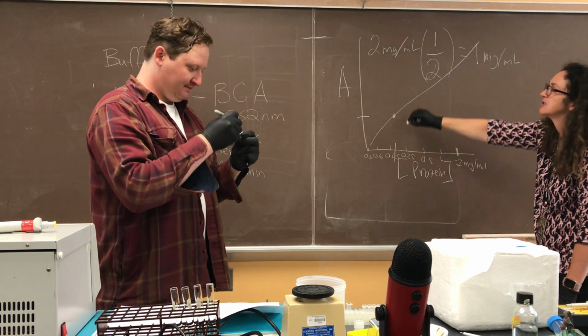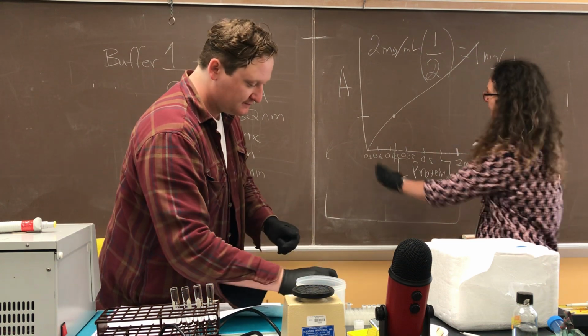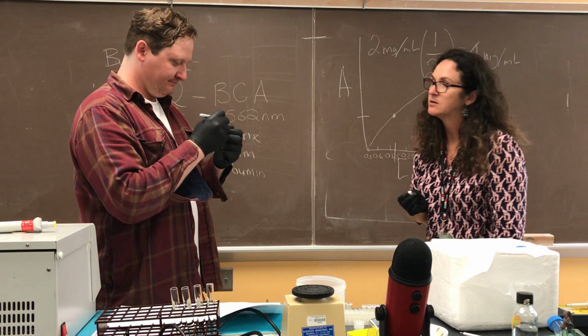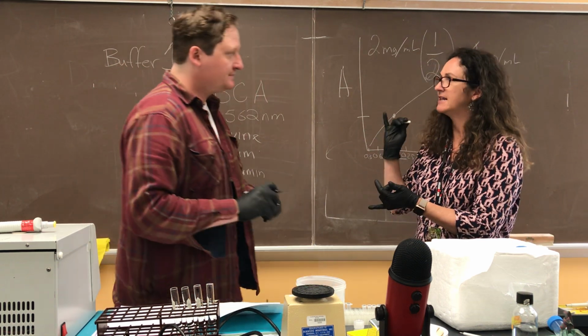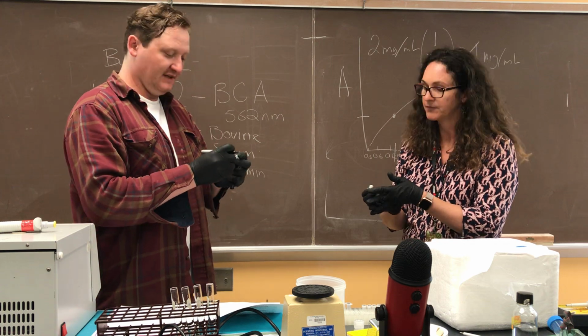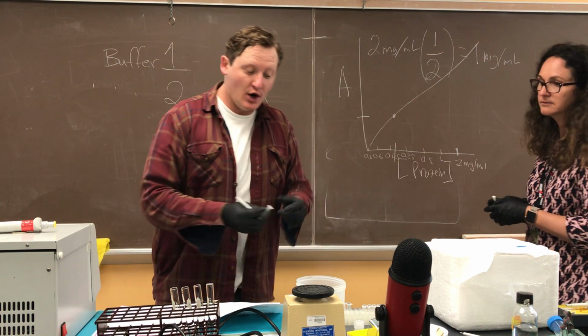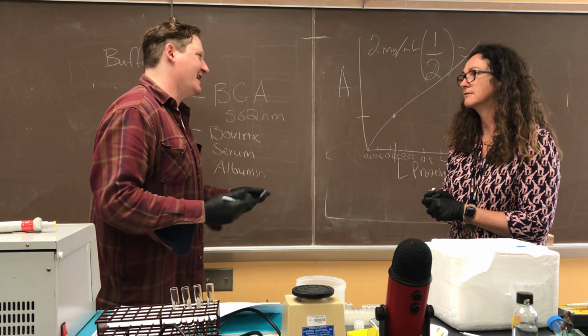And so we want to make sure that what we're measuring is within the range of 0.3 to 2 milligrams per mil, right? So we need to do one sample where it's concentrated, and then we'll do another one where it's diluted. And the goal is really just to get something here, and then because we know how diluted our samples were, we can sort of backtrack the calculation.